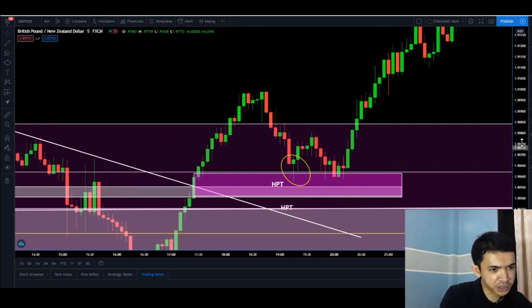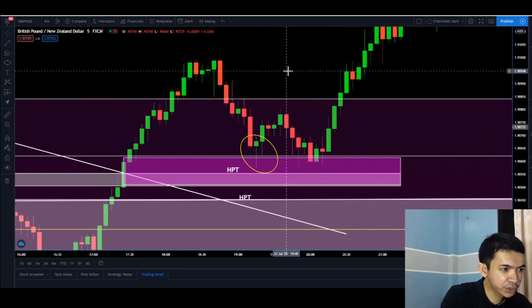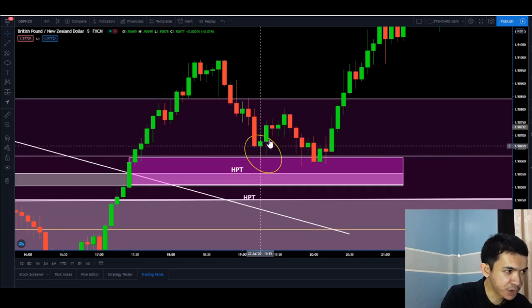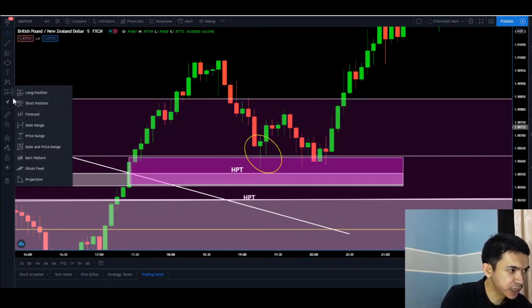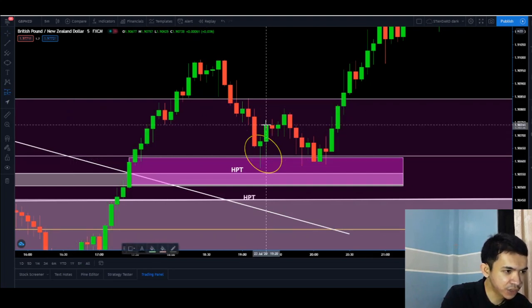Again, market structure. Okay, so if I'm going to enter the trade now after this pin bar or buying pressure candle, I can definitely have my entry on the next candle. Let's say here, right?